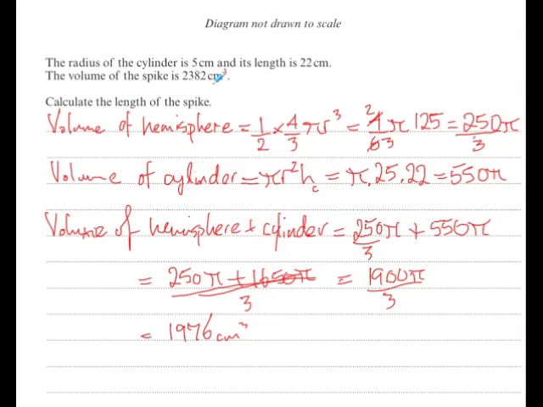Now the volume of the whole spike is 2382, so we can say volume of cone is equal to 2382 minus 1976, and that equals 406 centimeters cubed.